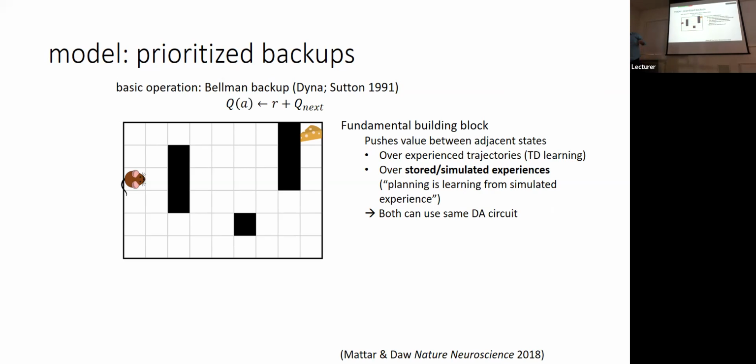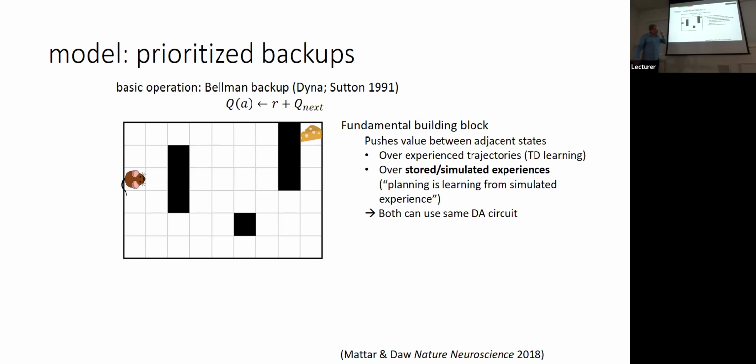And we're going to say when the animal's standing still, it can also activate pairs of states locally and chain value from one to the next in the same way. Maybe literally the hippocampus activates a non-local trajectory and that drives dopamine, potentially.